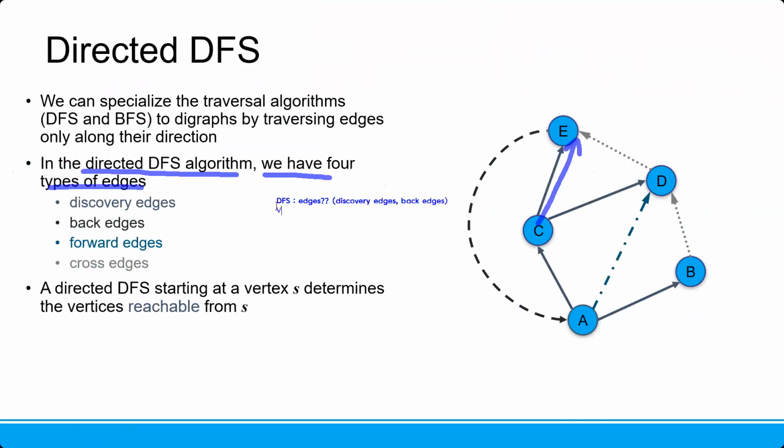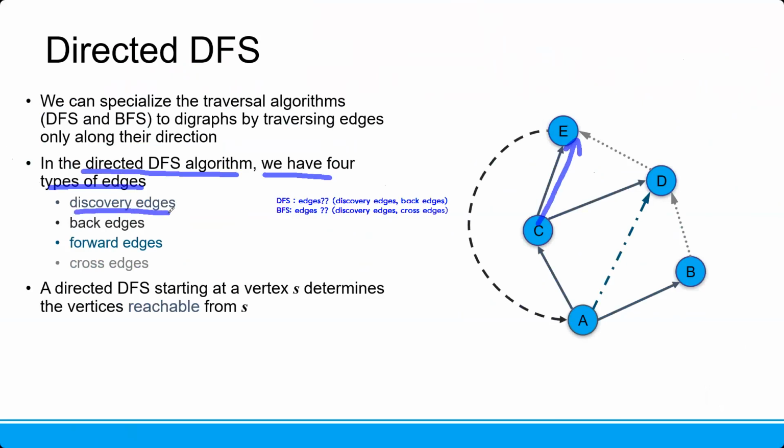For the BFS, what are the categories of edges? We have discovery edges and we have cross edges. Please look at the material before. In this case, there will be 4 types of edges.